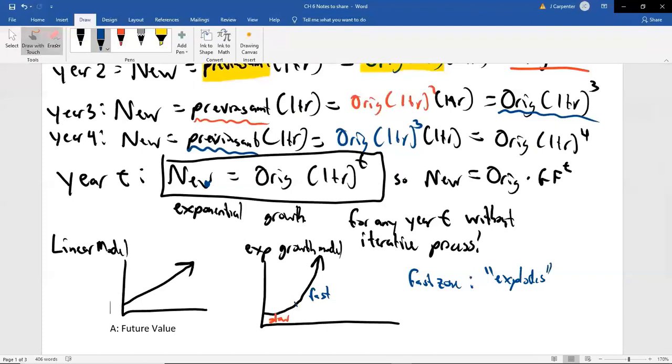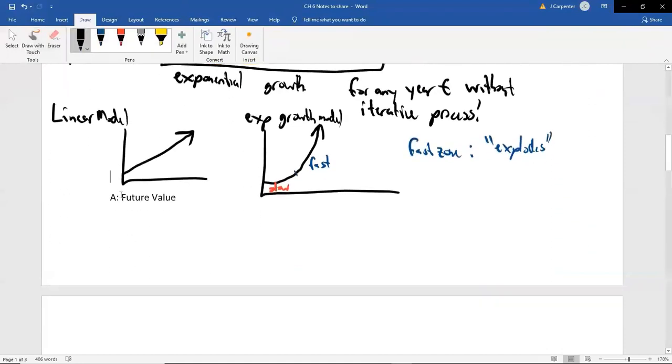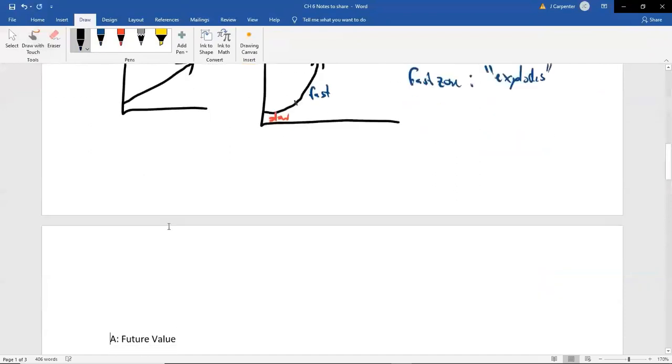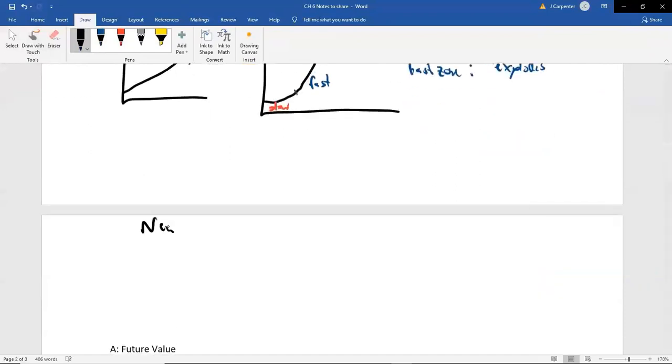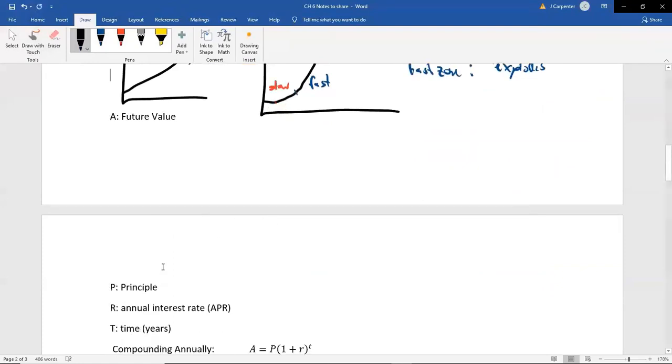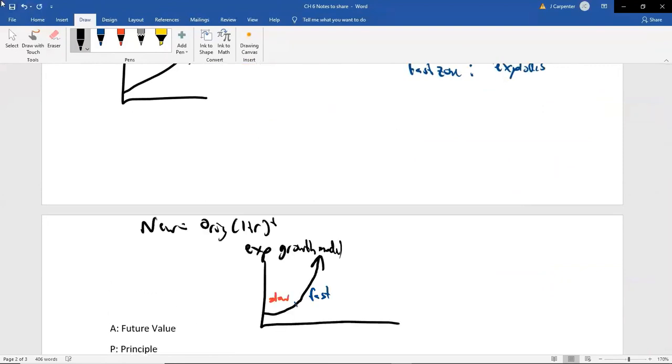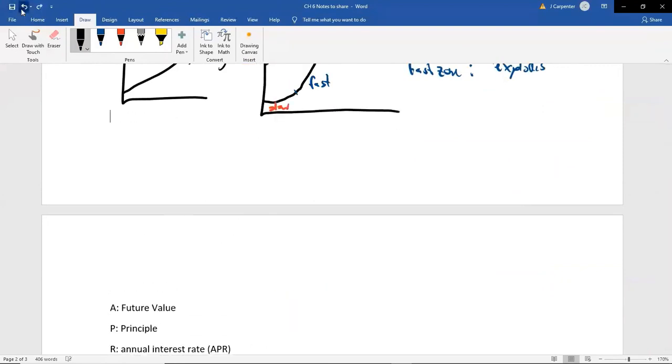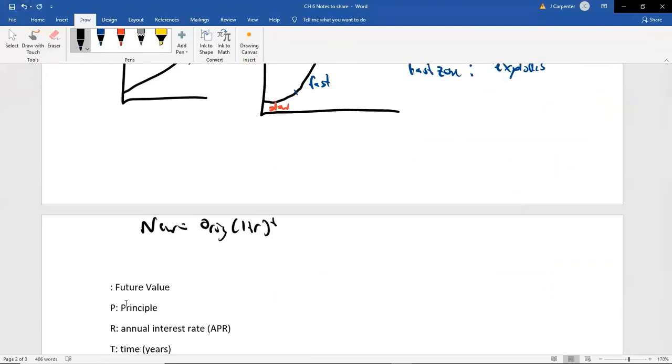All right, so this idea of new equals... please erase, thank you. The new amount is the old times the growth factor raised to an exponent, that's your time. So what we're going to do is take that thing, which was new equals original times 1 plus r to the t, and give it some more common letters.